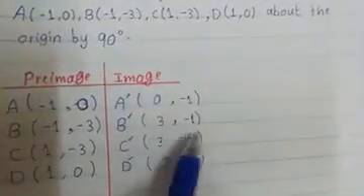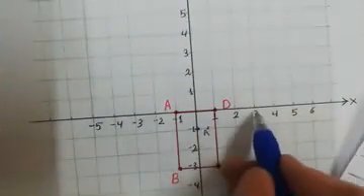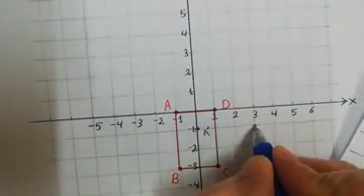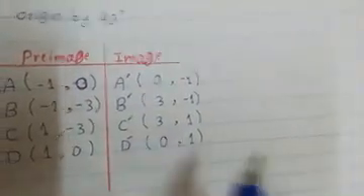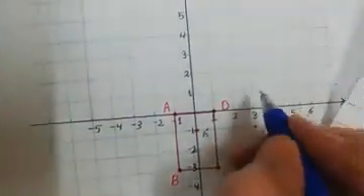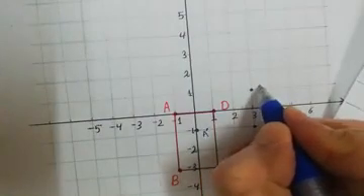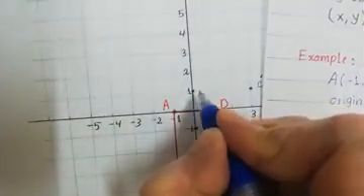And B prime is 3, negative 1. This is B prime. C prime is 3 with 1. And D prime is 0 with 1. This is D prime.